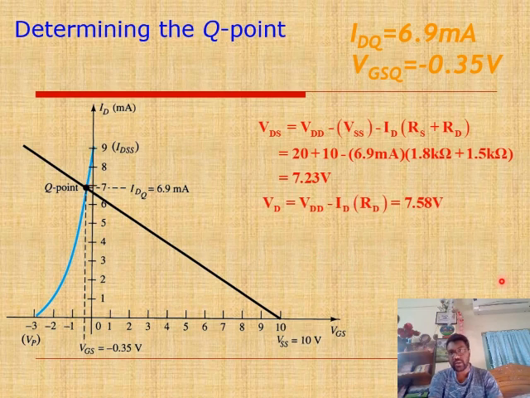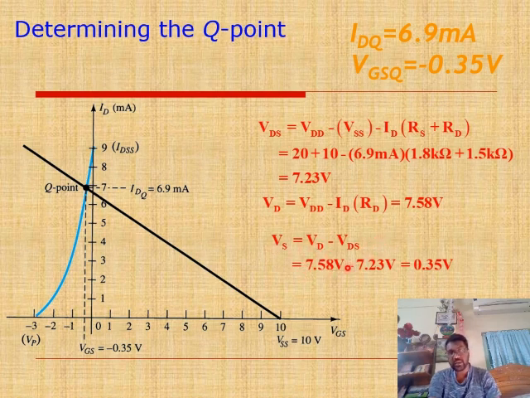Similarly, at 7.23 volt the VGS value we have to find out. So VD is VDD minus ID RD, that is 7.58. So VS is equal to VGS, which is minus 0.35 over here, and VS is equal to VD minus VDS.